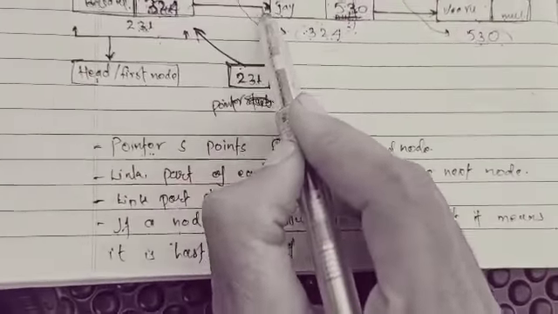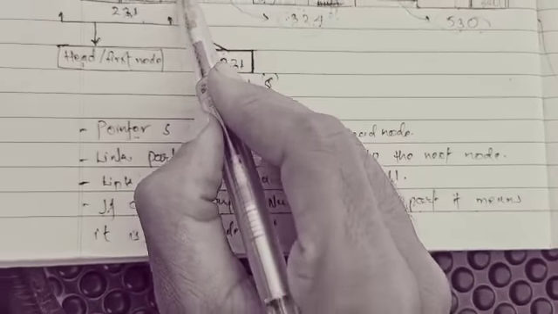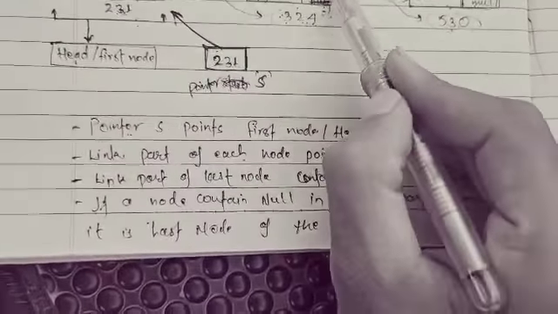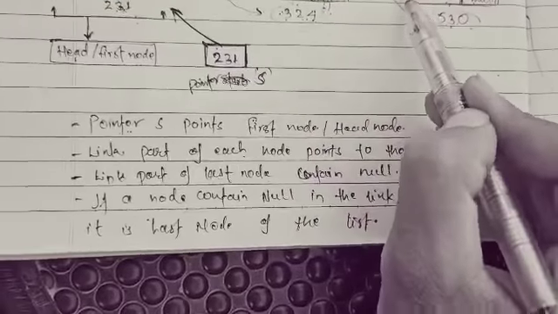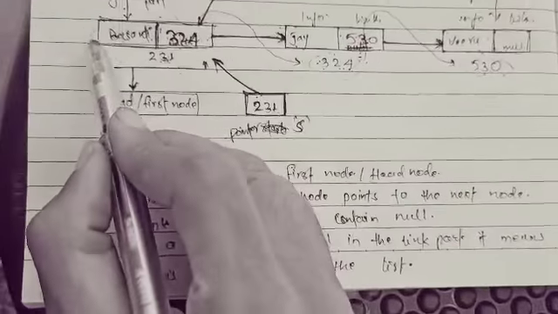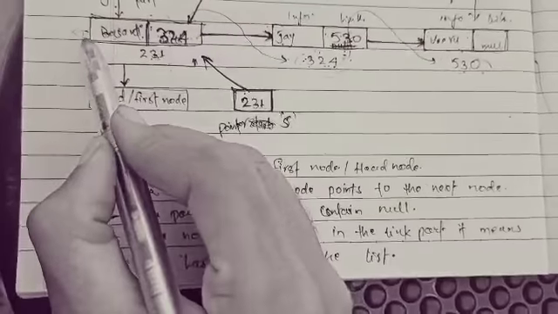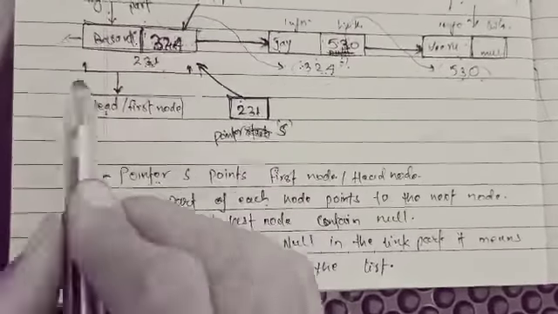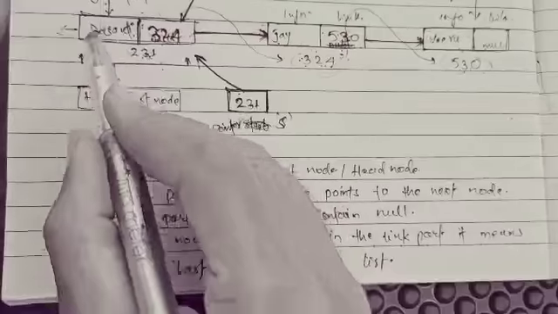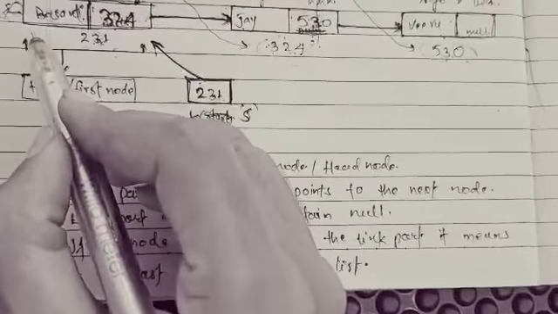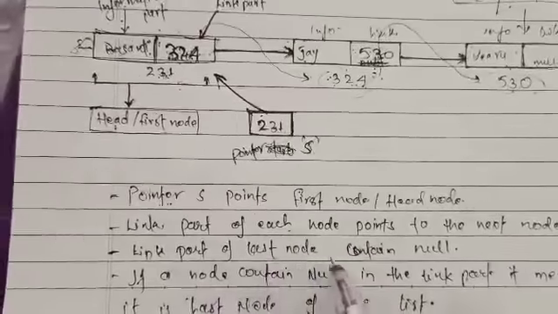The link part always points to the next node. Not the info part; it cannot point to another node. It's not possible.